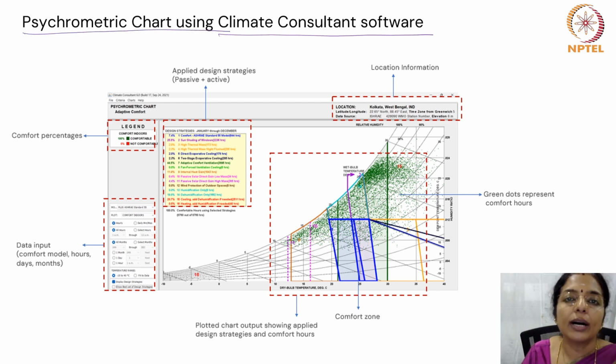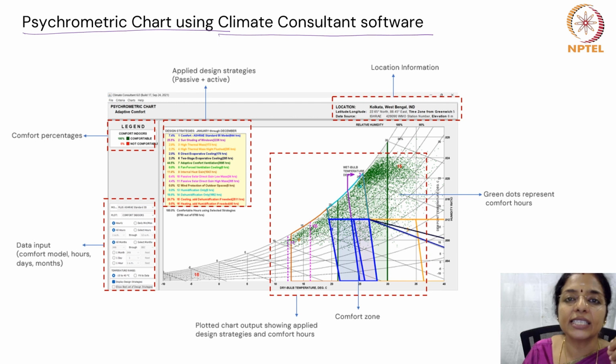So when you download the climate data for a particular location, you can study and attach the file of the climate consultant software, and automatically you will get the psychrometric chart plotted for that specific site location.